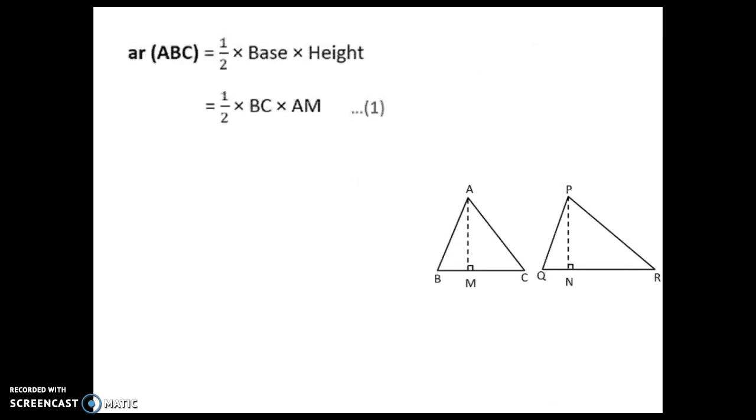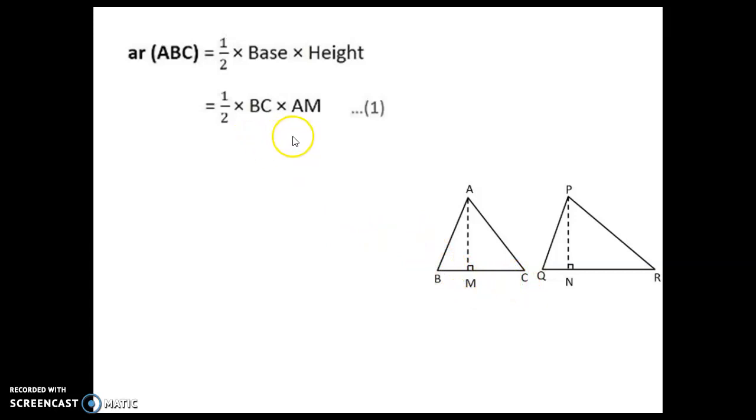Now taking the two triangles. For the first triangle ABC, if we want to find the area, what's the formula? It is half into base into height. The base is BC, and the height is AM, the altitude we just drew.